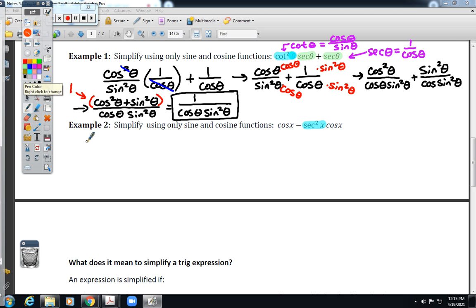So we start off by rewriting that expression. We've got cosine of x minus, we replace secant with 1 over cosine, which in this case would be squared because secant is squared. And then we've still got one other cosine x being multiplied there.